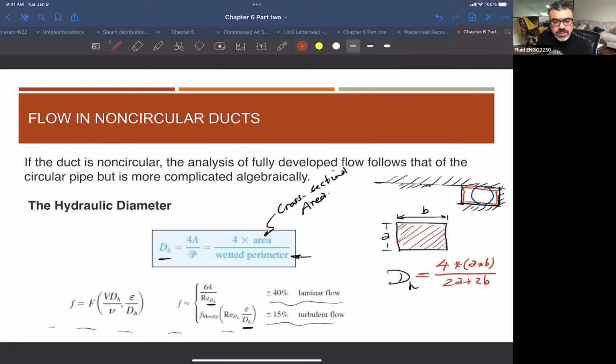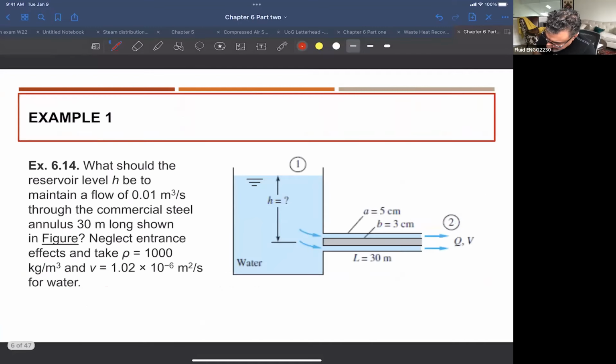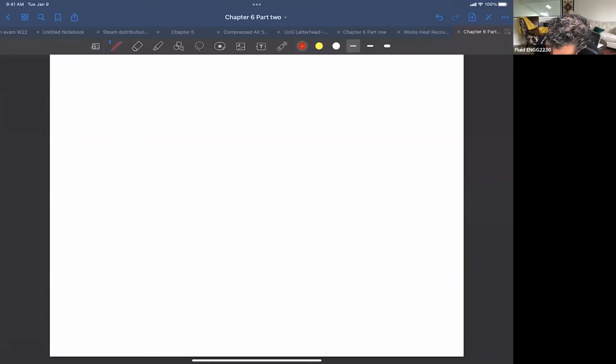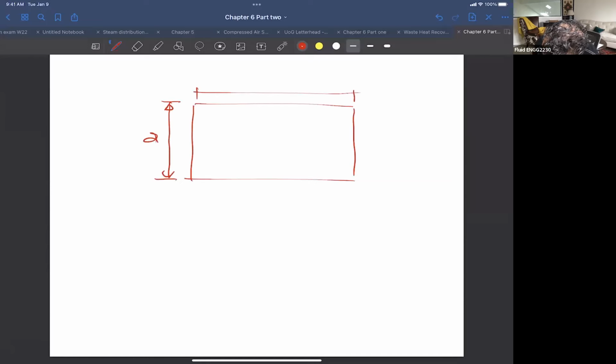Okay, that's very simple, right? So how about if you have water flowing in the same pipe? This is A, this is B, and the fluid is flowing here. This is liquid, for example.